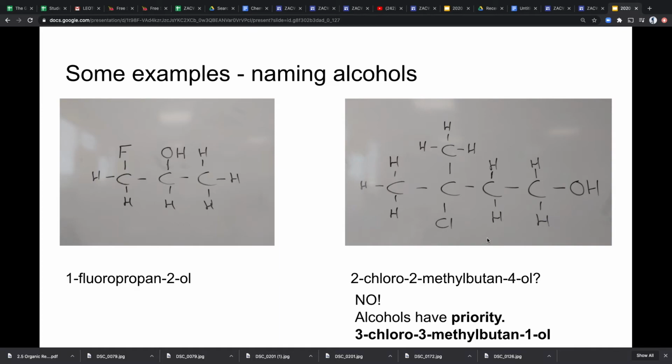But the ketone actually takes priority when you look at the full list of which functional groups are more important. So this is actually called a butanone. It's a ketone, and you see the suffix reflects the presence of a ketone. It takes priority in the name. And that means the hydroxyl group needs to be indicated along the carbon chain. Because the ketone takes priority, we start numbering from this end that's closest to the ketone.